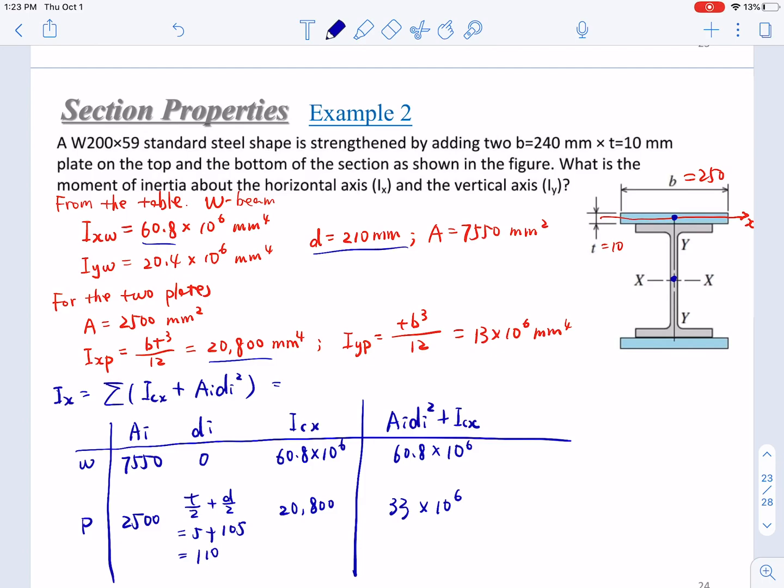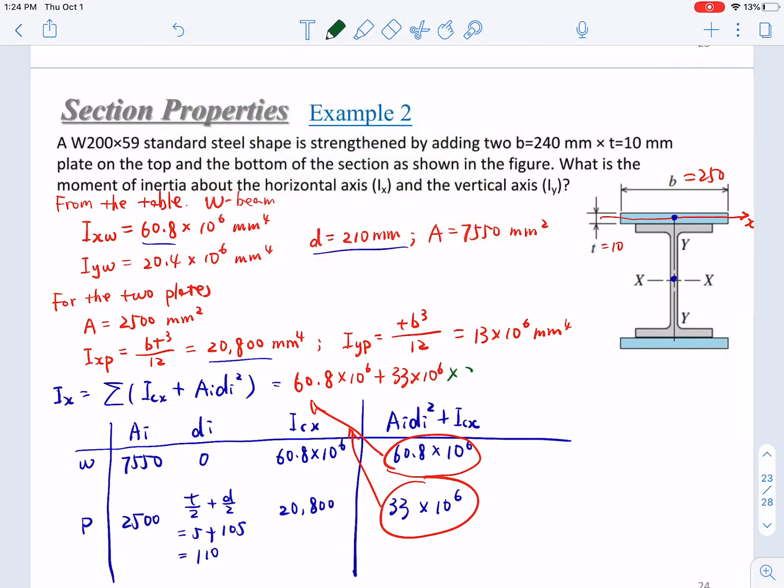So we have 60.8 million plus 33 million.